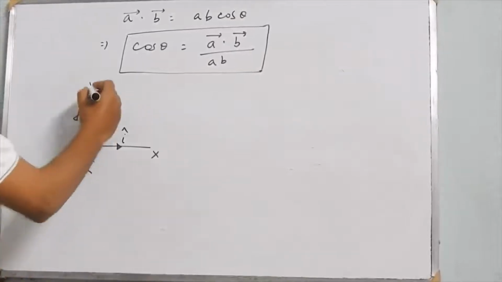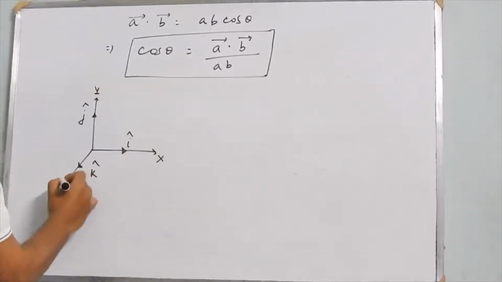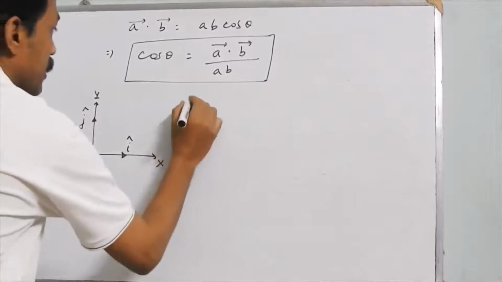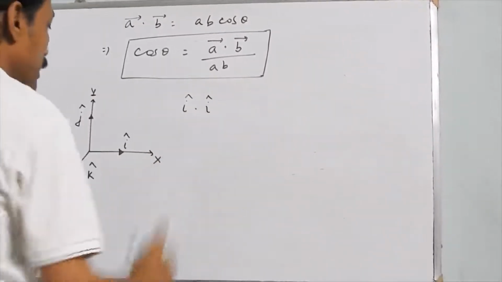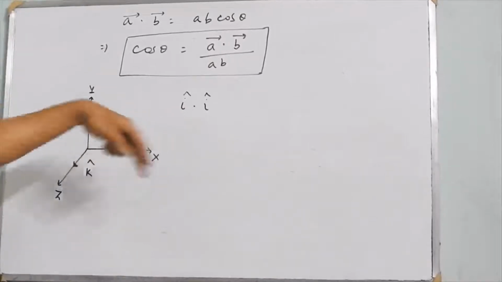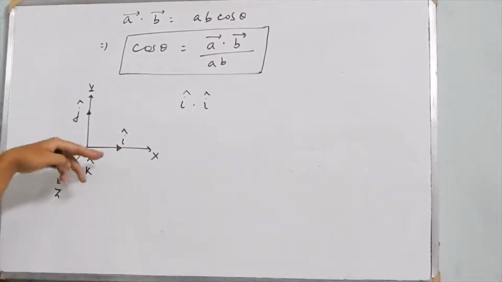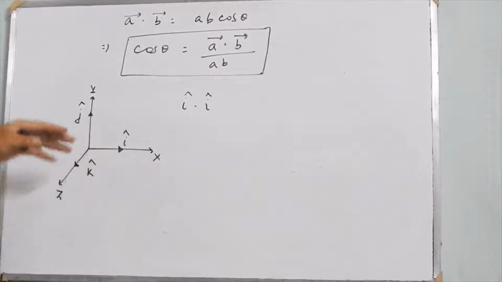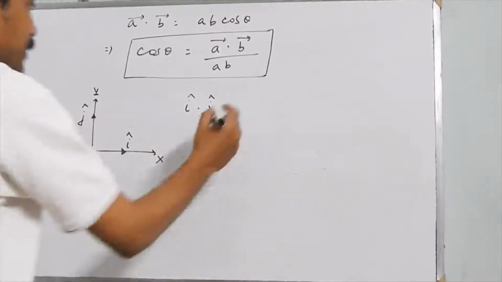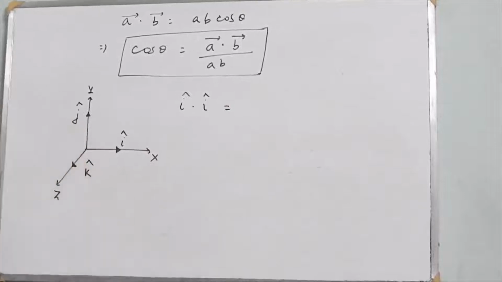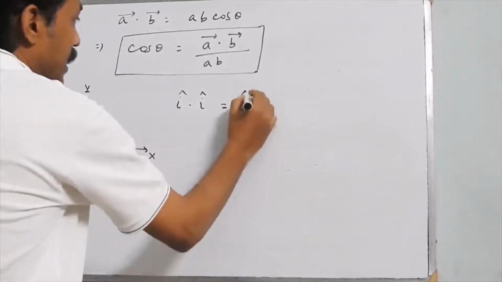So simply, what will I hat dot I hat produce? I hat dot I hat will produce 1. Why? Because modulus of I hat is 1, it is a unit vector, and angle between the same direction is 0. So I hat dot I hat is 1. Similarly, j hat dot j hat is 1 and k hat dot k hat is also 1.